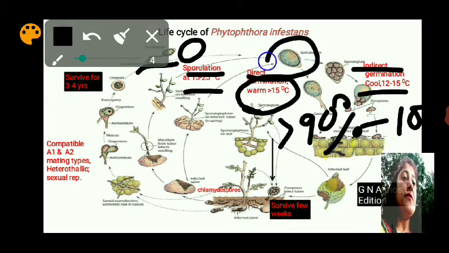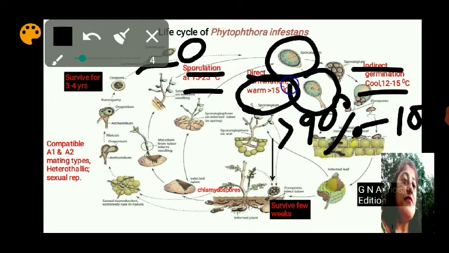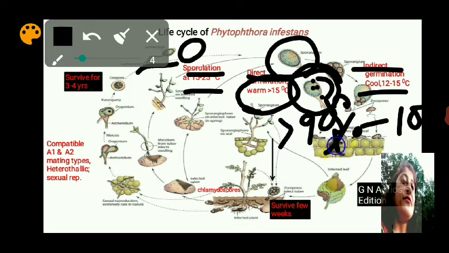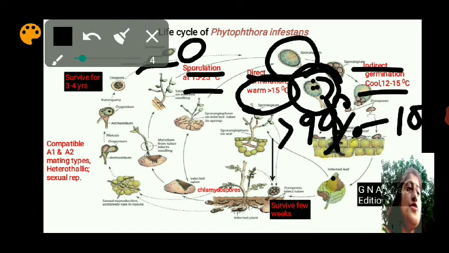The cytoplasm of the sporangium gets organized into conidia, and these conidia are released from the sporangium and subsequently form germ tubes, and these germ tubes enable them to lodge on the surface of the host.